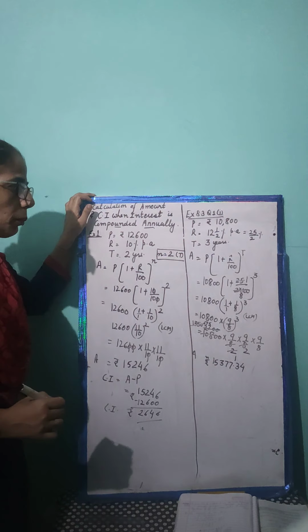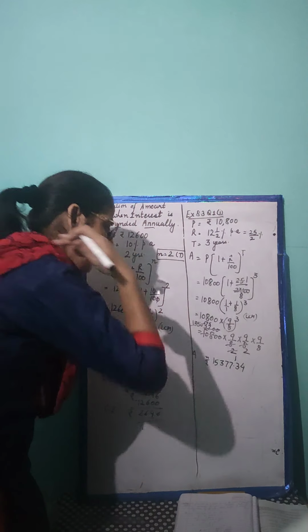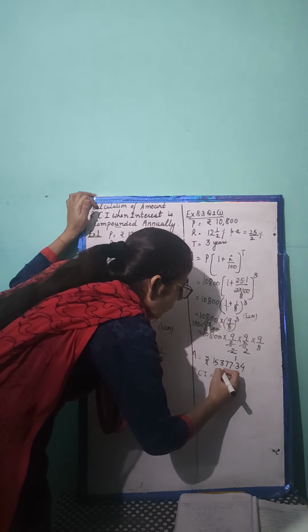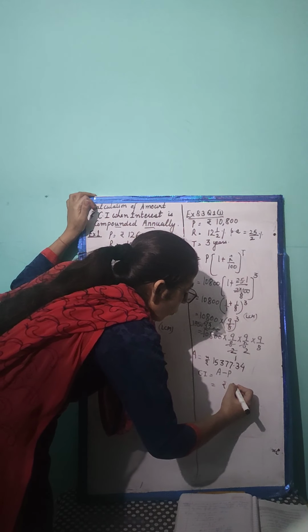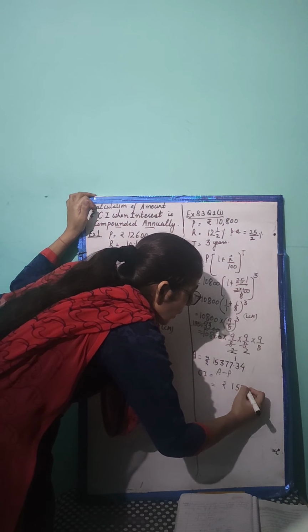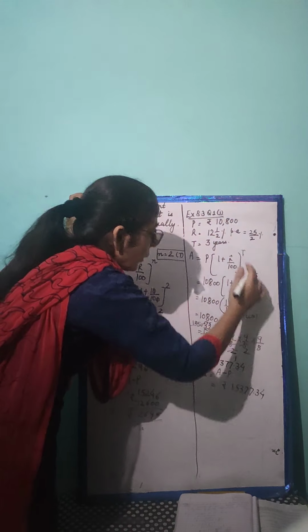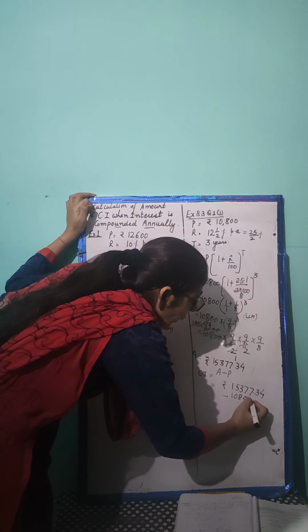If I got the amount, how to get the compound interest? Compound interest is equal to amount minus principal. So rupees 15,377.34 minus 10,800.